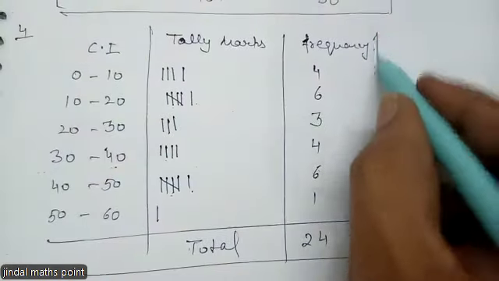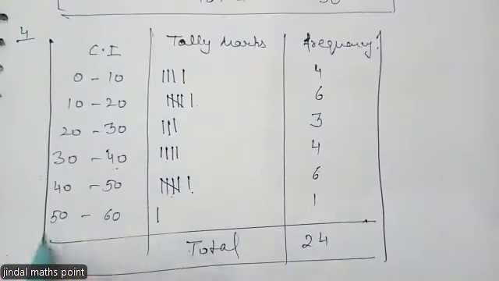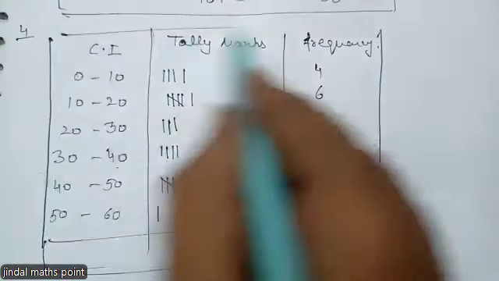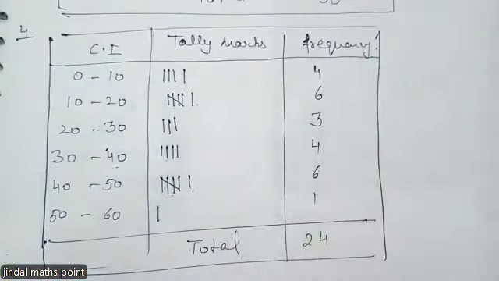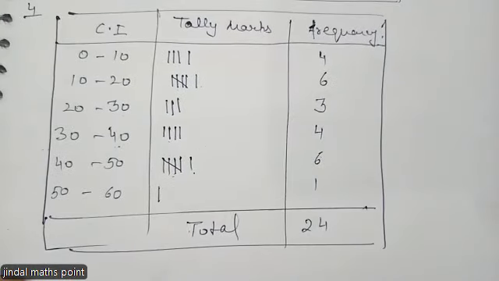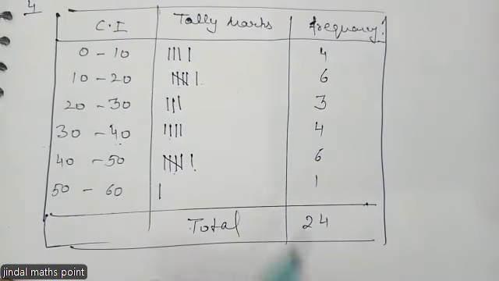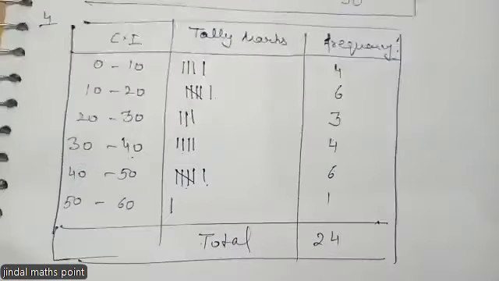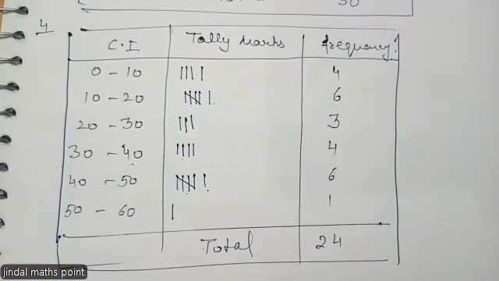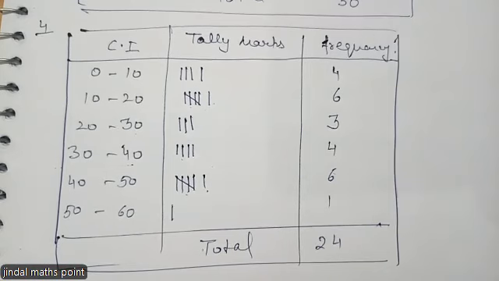That is our table. Close in a box. Okay. Like this one. This is the frequency table for the given data. Is it okay? Okay. Yes or no?